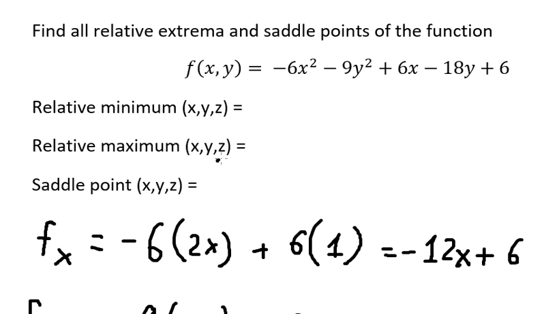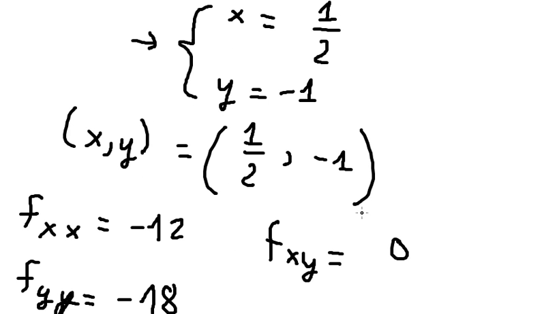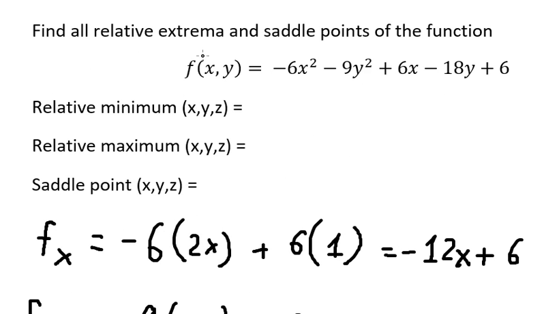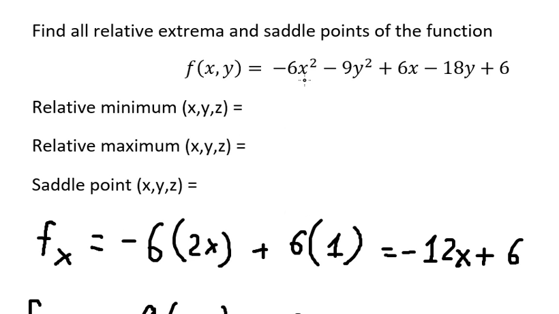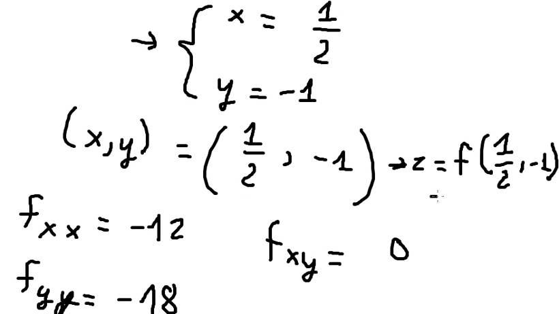So if we want to find the value of z, we have x and y. That is this number in here. We put this number into this function in here. So we put x equals to 1/2 and y equals to negative number 1, and we can find the value of z.